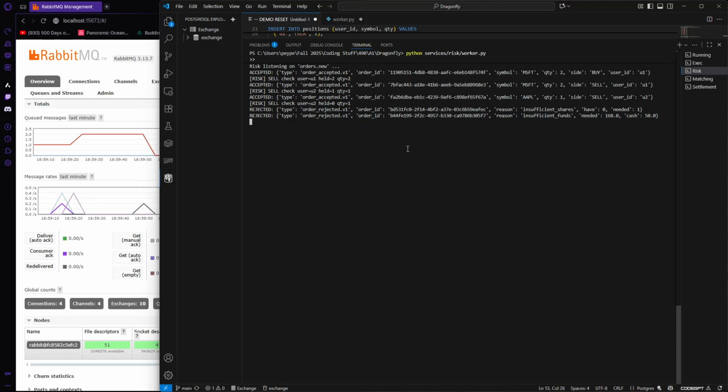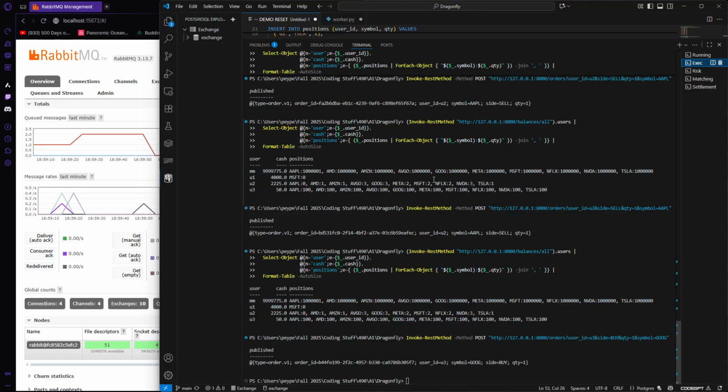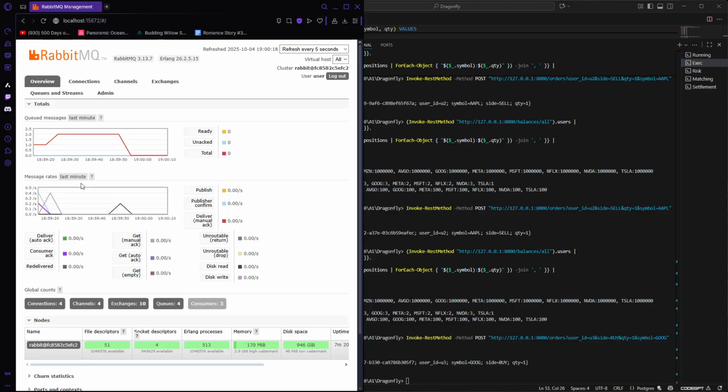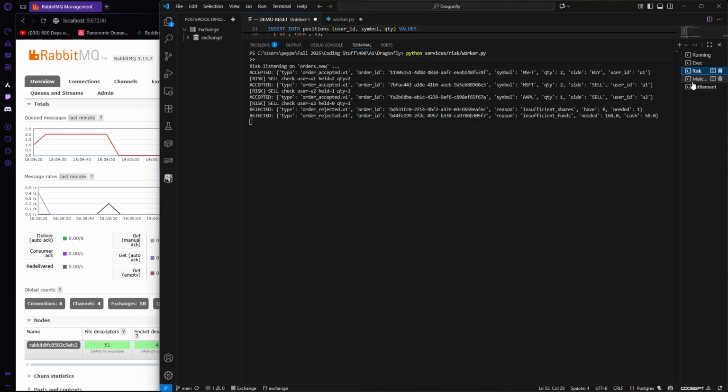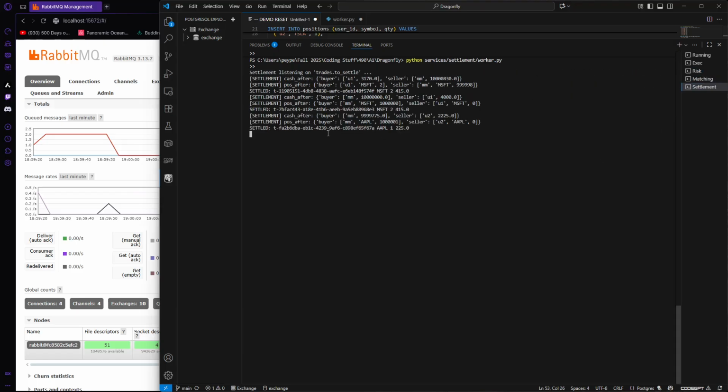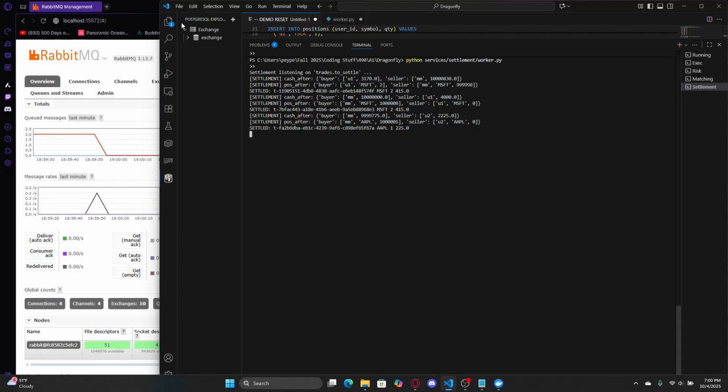But you can see how the messages are sent from here on our orders API from our user, and they are invoked into the RabbitMQ messaging service where you can see we are receiving messages, and the messages are then passed on through these 3 Python workers to eventually fill out the Postgres database.